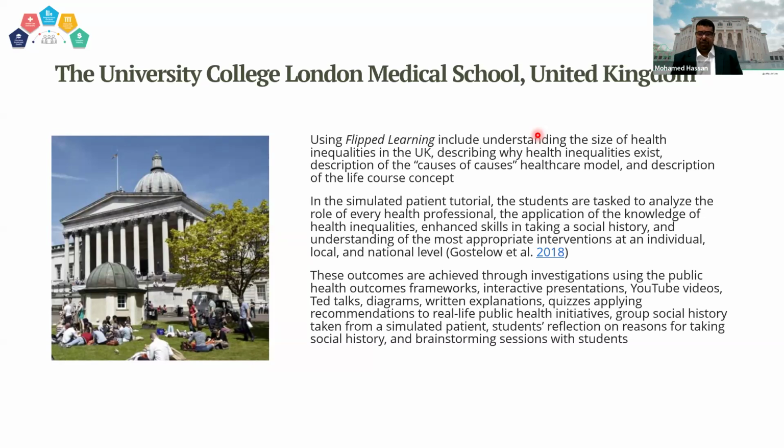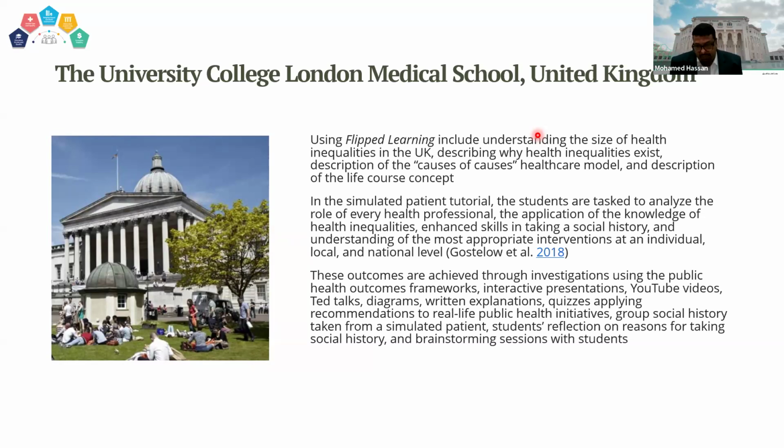They are using a simulated patient tutorial, where students are tasked to analyze the role of every health professional, the application of knowledge of health inequality, enhance skills in taking history, in social history, and understanding the most appropriate intervention at individual, local, and national level.